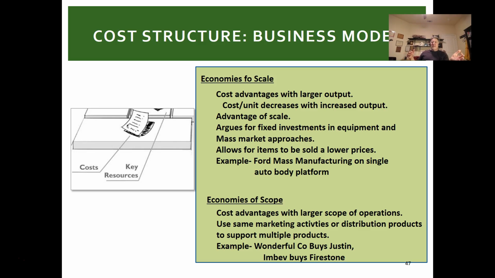So we used the example in class such as the Wonderful Company, okay, where Wonderful Company has Fiji Water, then it got Pom Wonderful, then it picked up Halos, then it picked up the pistachios, then it picked up Justin, and because they're driving everything, they own the channels, and the distribution channels are there. More products are put through. It's economies of scope.